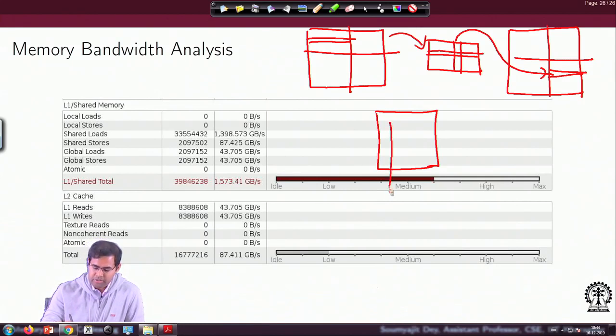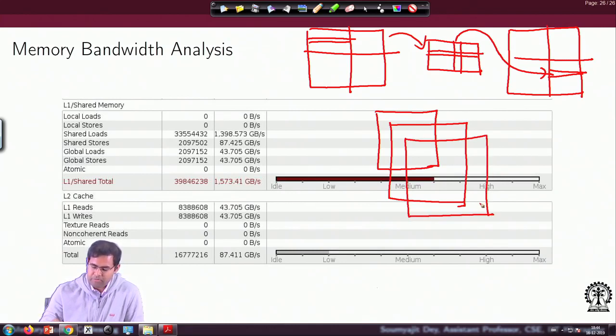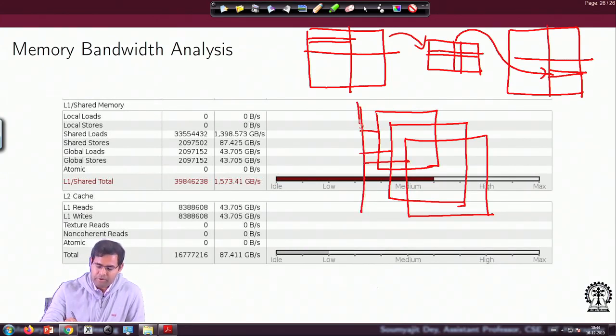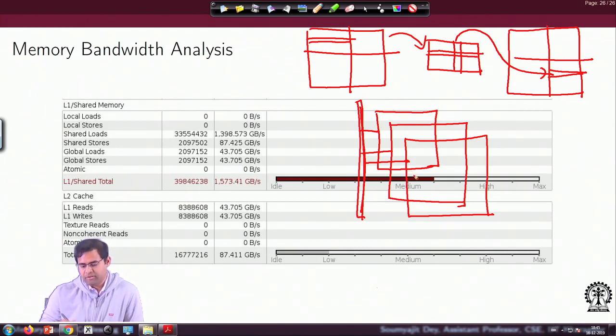Rather, the physical memory is split into smaller chunks of physical memory, and they are all accessible in parallel by the hardware. So, let us say this is the read write bus, and you can access all these banks in parallel.